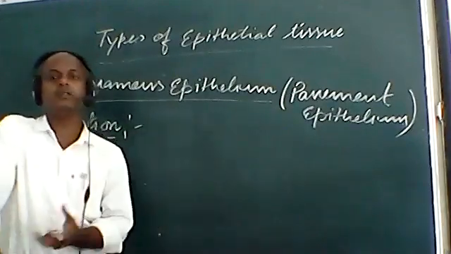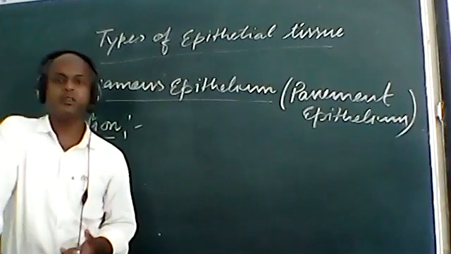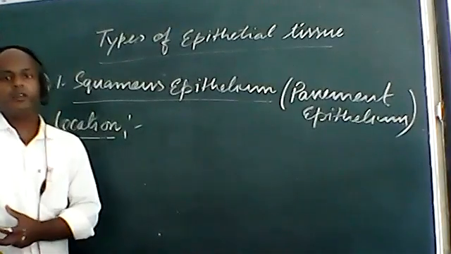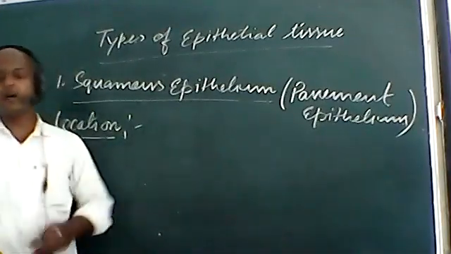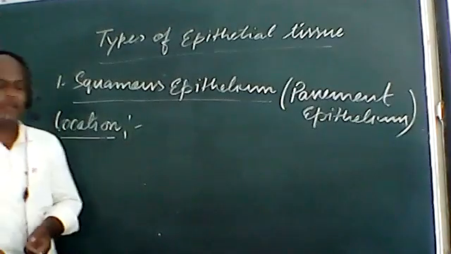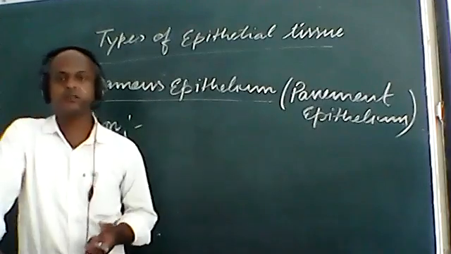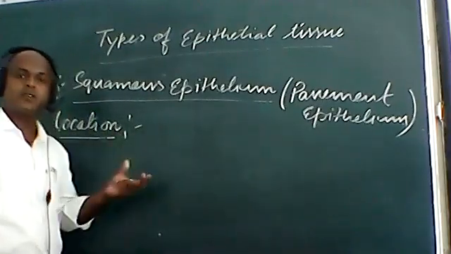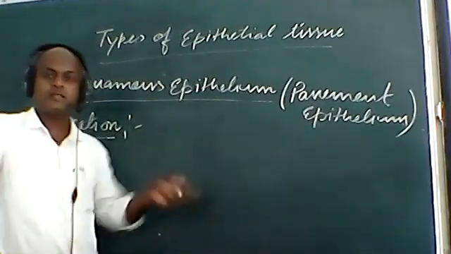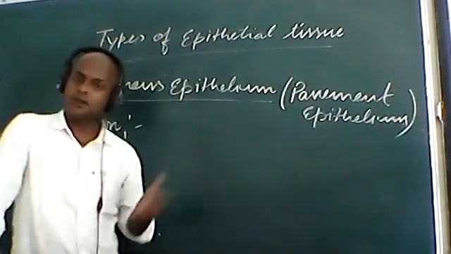In that condition, the stratified squamous epithelium is found in the upper layer of our skin, that is called dead cells, which provide protection to our body. So stratified squamous epithelium is present on the surface of skin of our body.